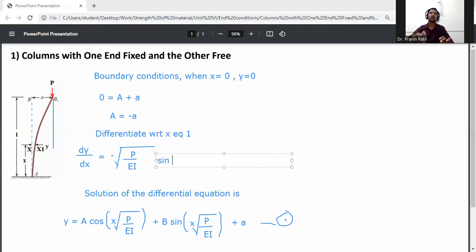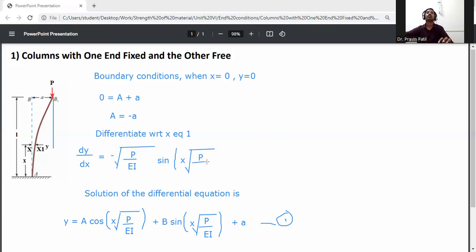The derivative of cos is minus sine, so I have written minus here, into x root of p by a.